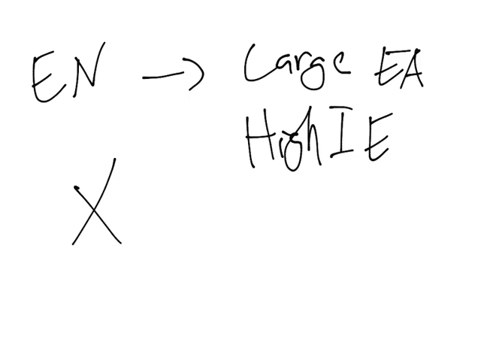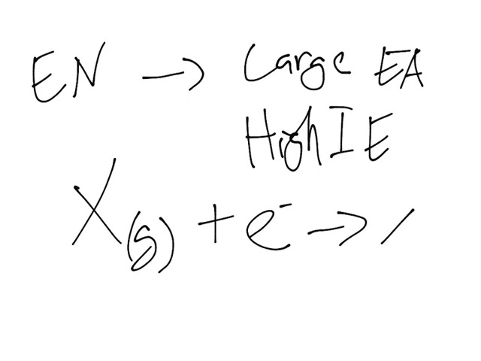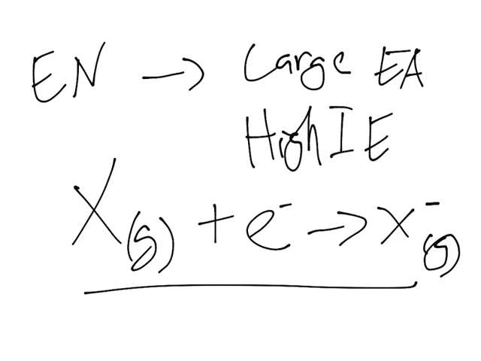This is the equation for electron affinity. Something that's very electronegative will want to have a large electron affinity, so it will probably want to be negative.